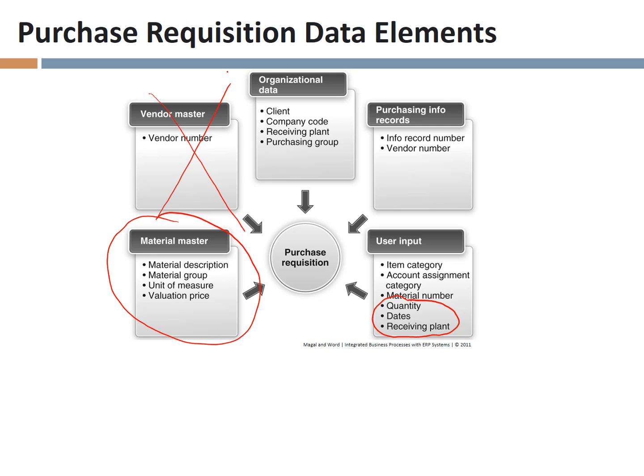On the other hand, in my company, we may know that we buy all of our computer equipment from Dell, so the purchase requisition just reflects buy this from Dell. We're going to have to obviously have reference here to company codes and receiving plants and things of that sort, but a lot of what you're seeing on this slide may be optional in some implementations of the purchase requisition process.